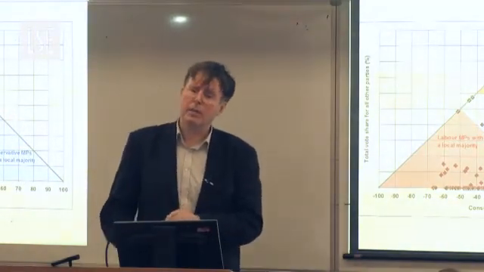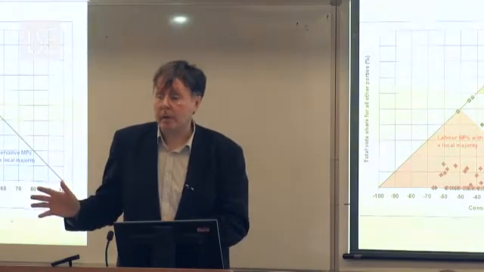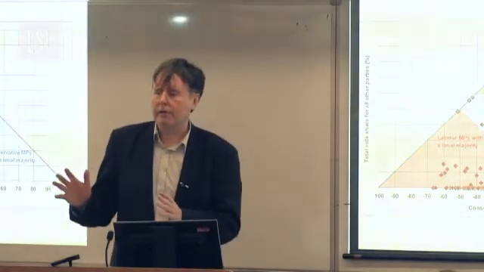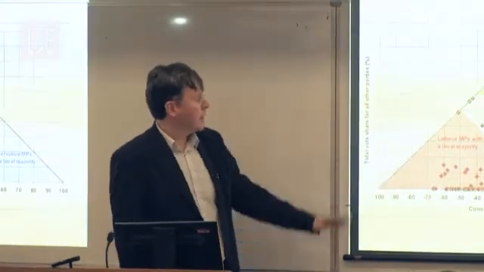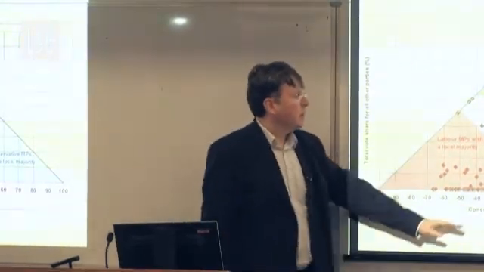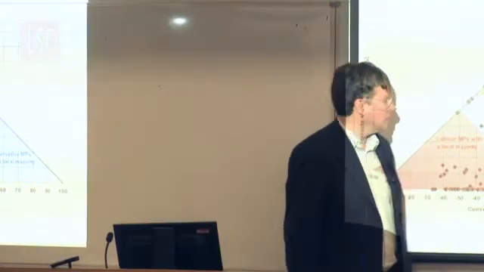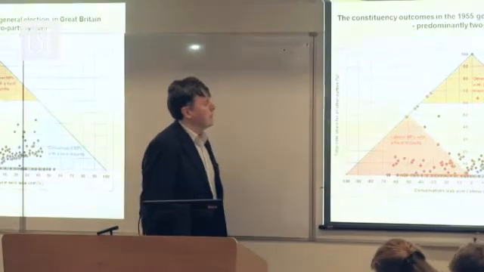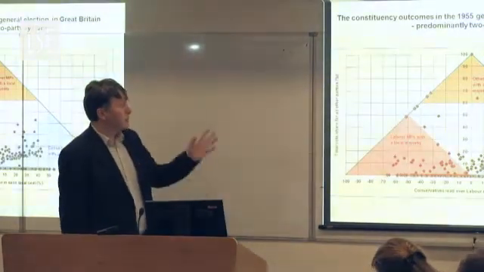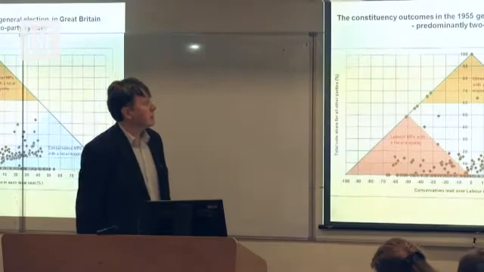So it wasn't just that they had more votes than anybody else, they had more than half the share of the votes. Everything in the red area were Labour seats with a majority, everything in the blue area were Conservative seats with a majority, and most of these other ones are Liberal Democrat contenders. There were a few Scottish nationalists, and so on.